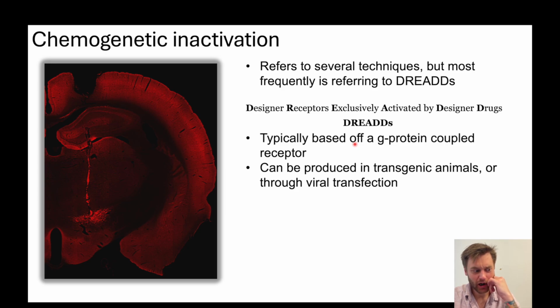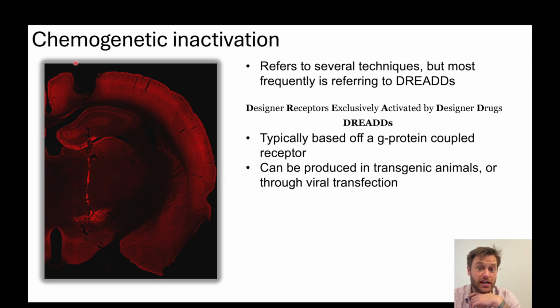Okay, so this part might get a little bit more confusing, but I promise if you understand what a receptor is and what an agonist is and what a ligand is, ligands are just agonists, just another word for that, then I think we'll get through this okay.